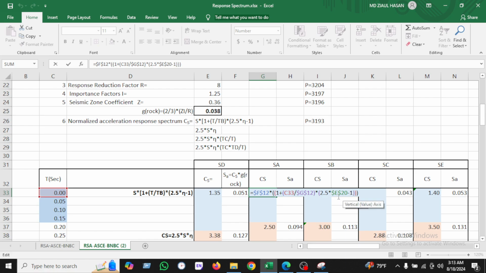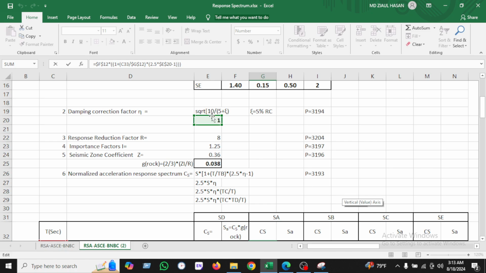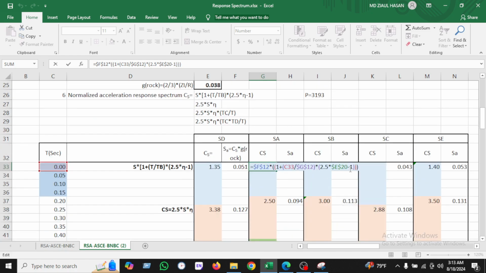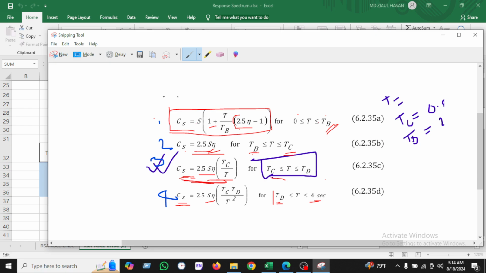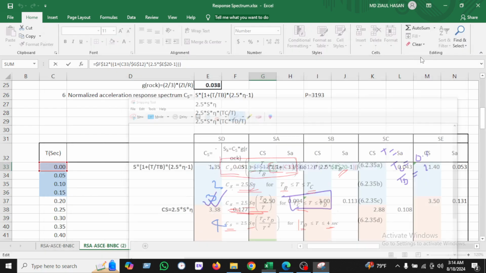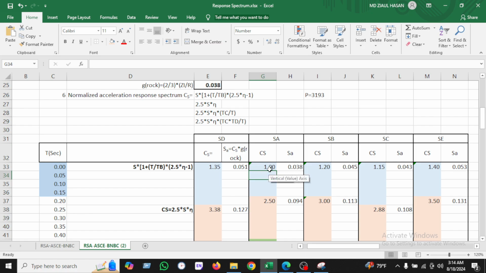Eta is the damping correction factor, which is cell E20. Then press enter.